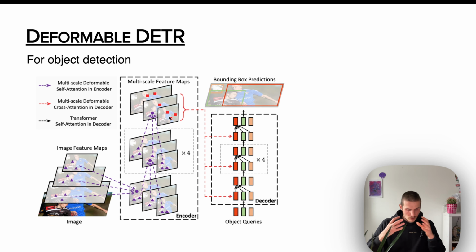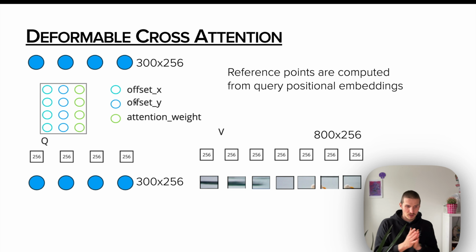So we also predict offsets, but we also need to get the reference points from somewhere. And we get that by just applying a fully connected layer to the object queries. So we take object queries, we apply a fully connected layer to get the reference points, and we add offsets to that to find out where we need to attend to. And this is how deformable cross-attention should look. Now we have queries that come from this 300-length input of experts.